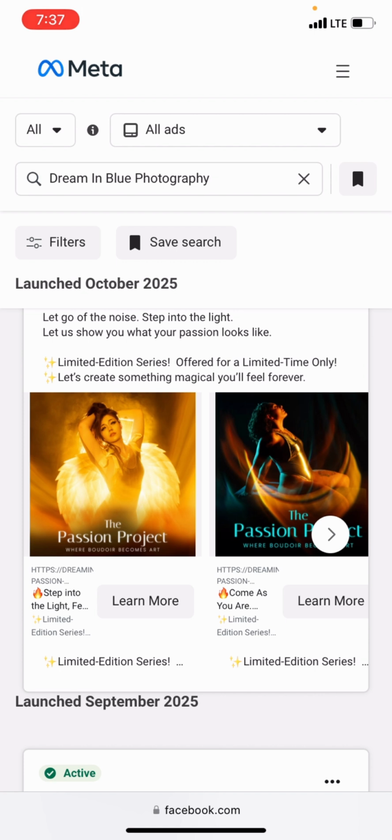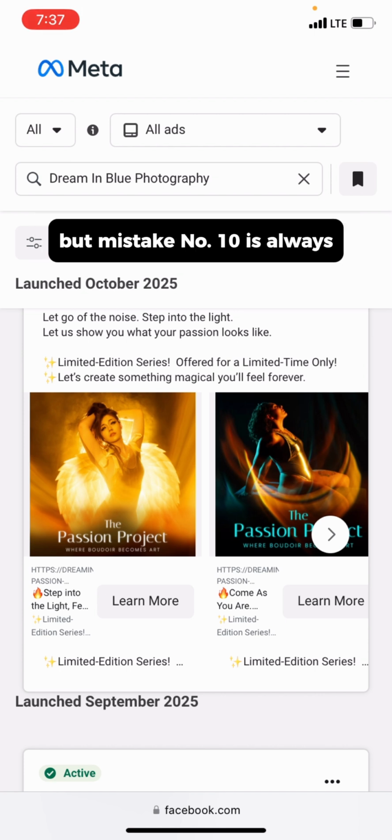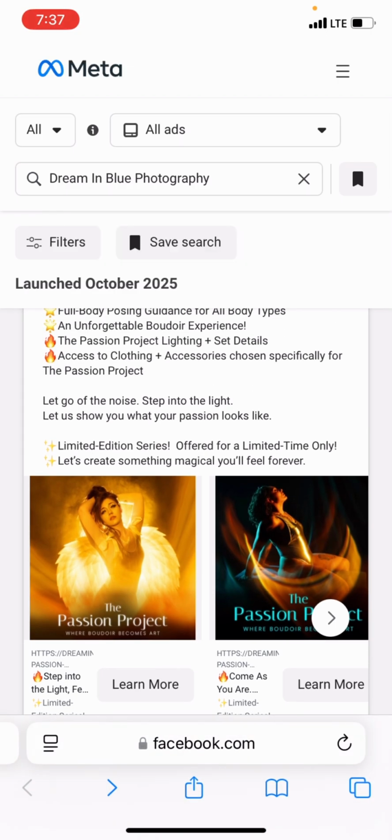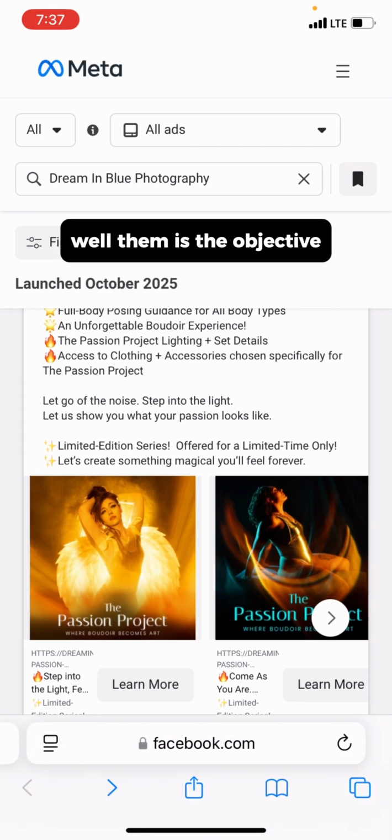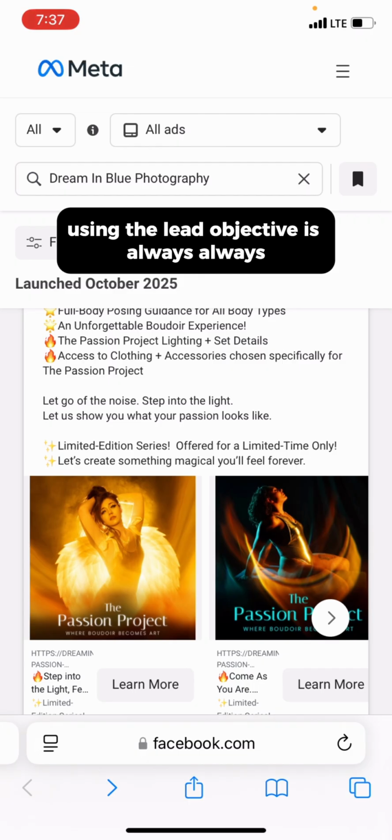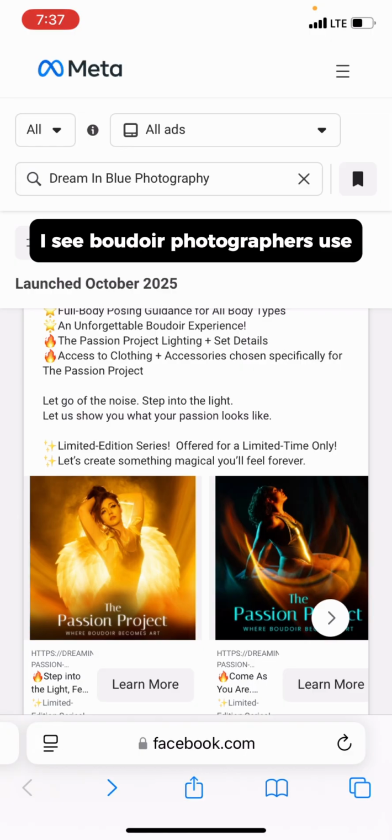And then mistake number 10, I don't know if we're making it here, is the objective. Using the lead objective is always, always, always a mistake, but it's the most common objective I see boudoir photographers use.